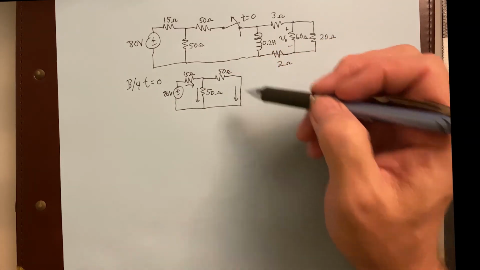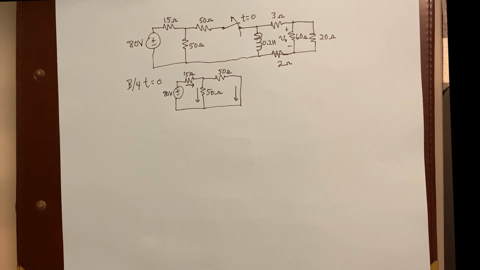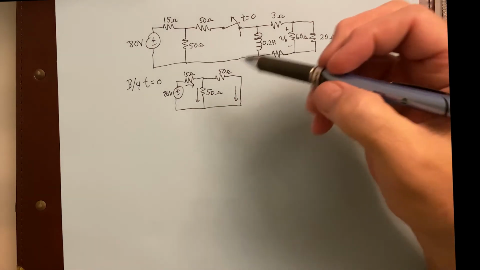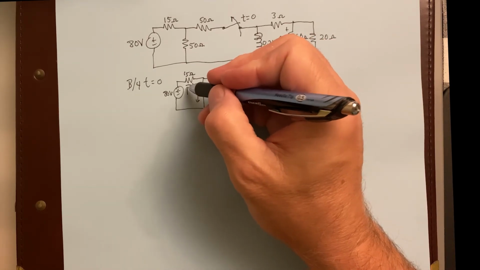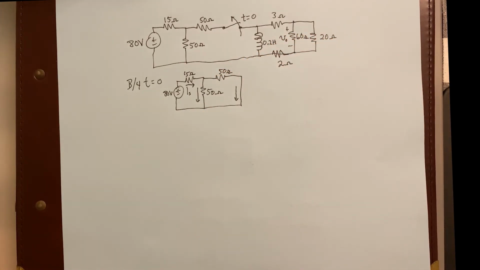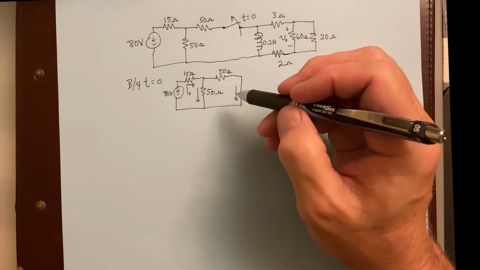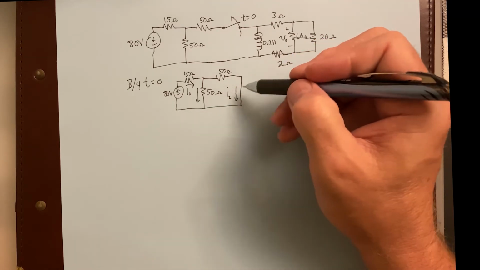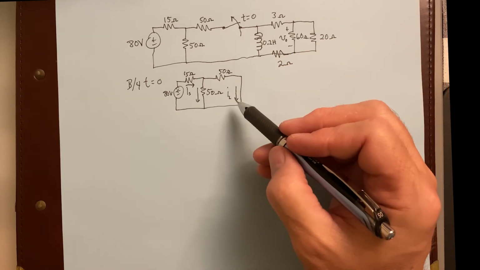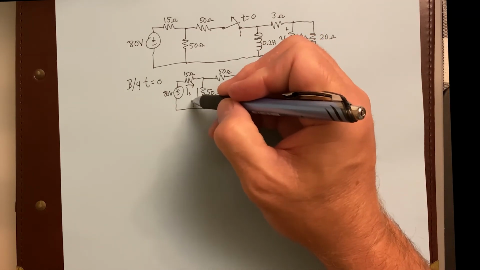Okay, so we could imagine the currents going in those directions right there. If we do that, then you can see that this is a current divider. Let's call this I sub s, I from the source. This is going to be I sub L. That's the current going through the inductor. And let's just say this is I2.